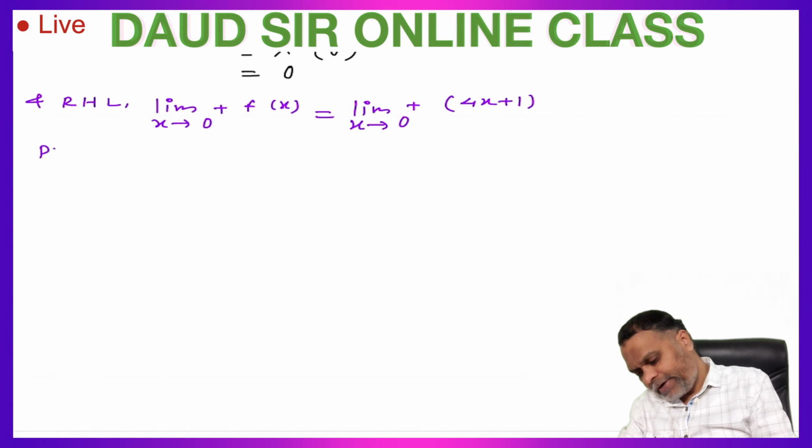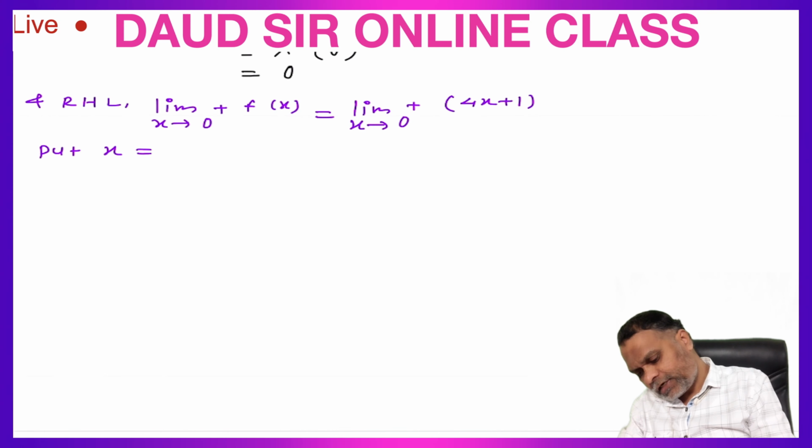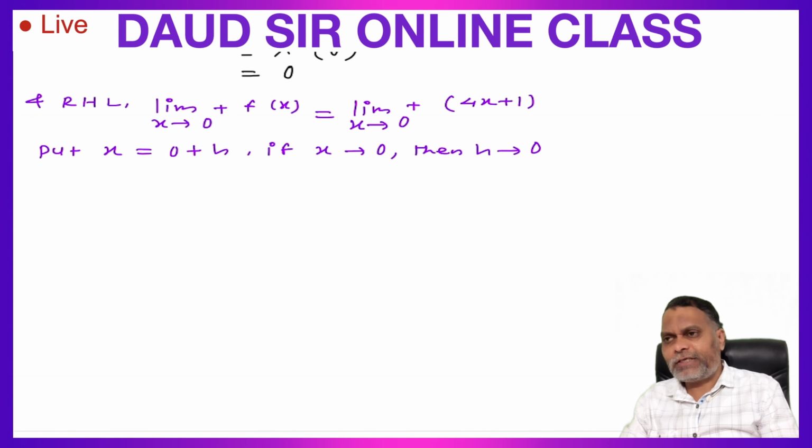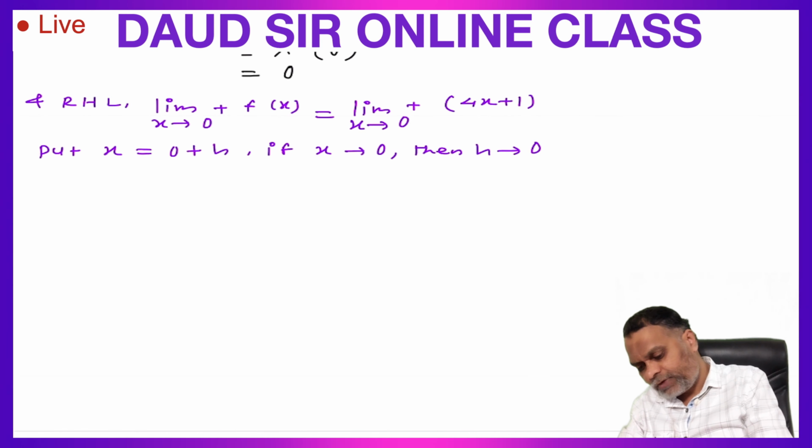For the right hand limit, we have to substitute x is equal to a plus h. Here a is equal to 0, so x is equal to 0 plus h. If x tends to 0, then h tends to 0.